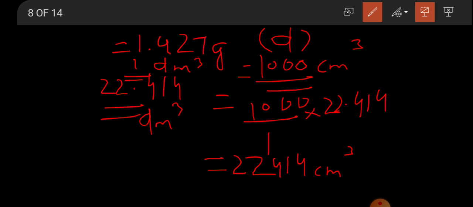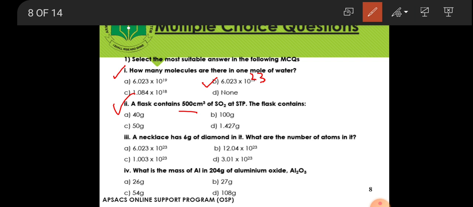So students, in this way we will convert decimeter cube into centimeter cube. So the answer is D part.